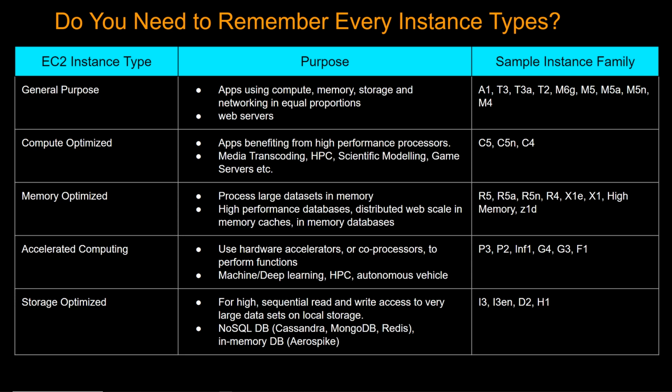Most of the stuff that runs in the IT world, such as a web server, app server, or your regular SQL database installed in EC2, you will use general purpose. And M5 is a super popular instance type. And T2, I like T2 because T2 micro is free under the AWS free tier, so I use T2 a lot.